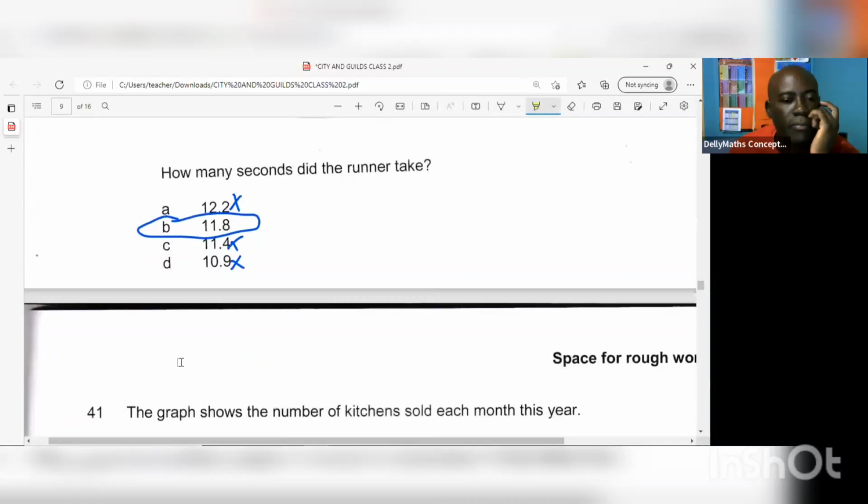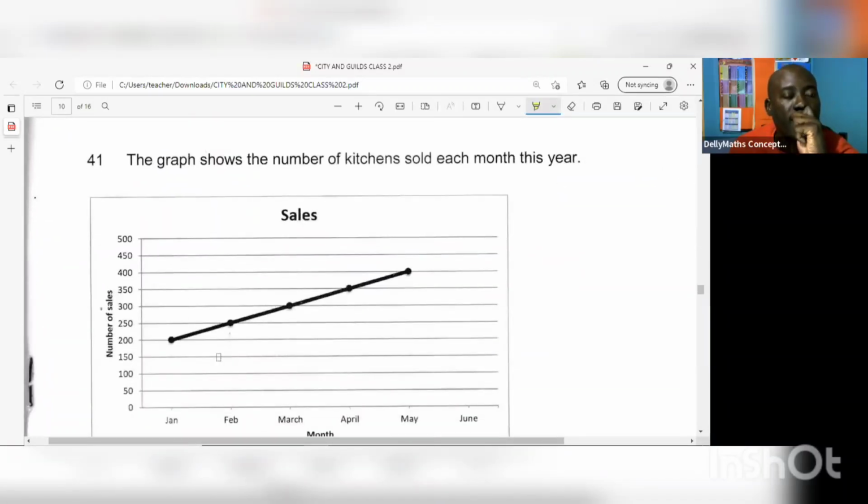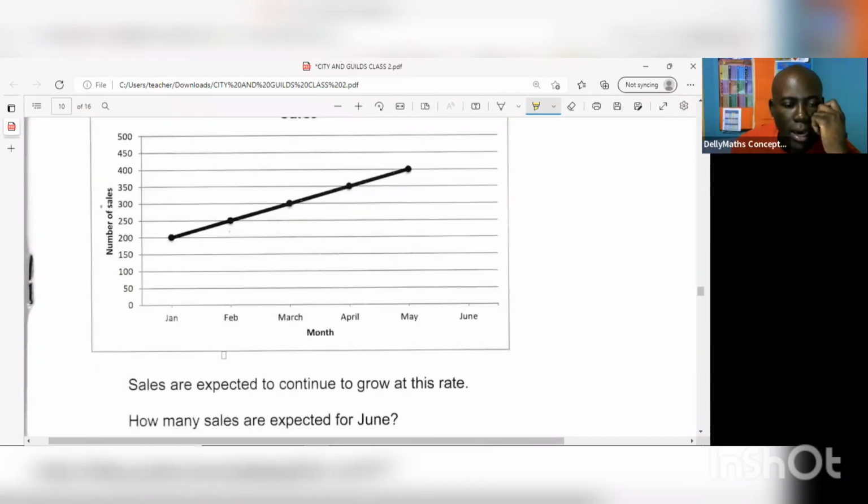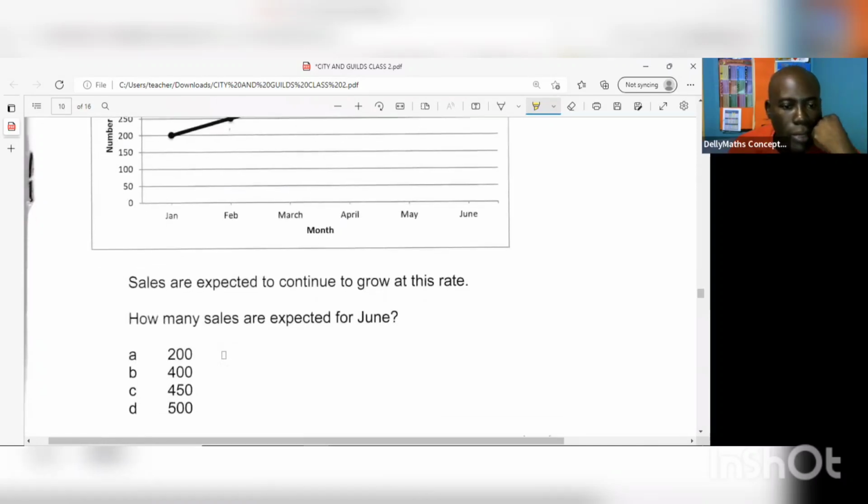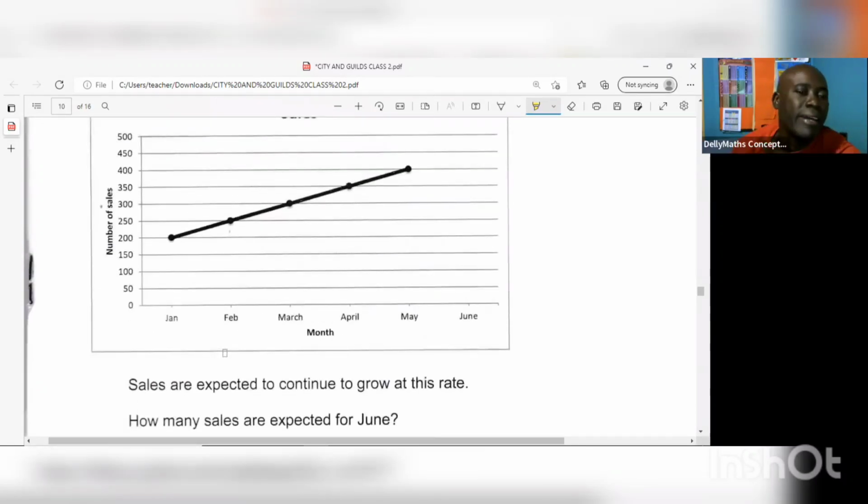If you look at how close it is to 12 here, very close to 12. All right, the graph shows the number of kitchens sold each month in a year. Sales are expected to continue to grow at this rate. How many sales are expected in June? So look at the rate, like for every month. Between January and February, it's going up by 50.